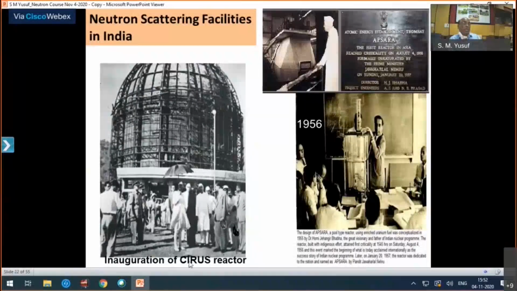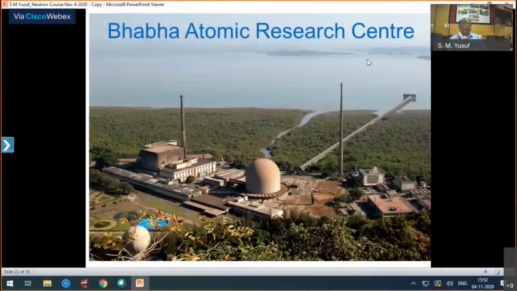Then this is another research reactor, Cirus, again at Bhabha Atomic Research Centre, and you see Homi Jahangir Bhabha standing here near the instrument. And the present view graph of Bhabha Atomic Research Centre is like this. At present we have this reactor, which is indigenously built. This is the Dhruva research reactor, and our facilities are located here. And we carry out experiments in this lab.